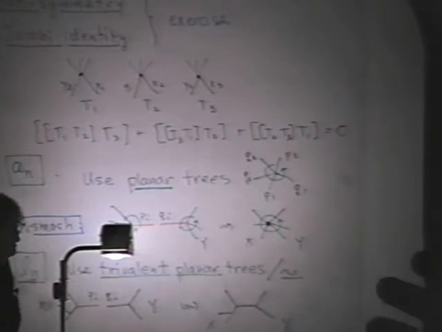But this is a little bit more of a challenge here because there are equivalence relations on planar trees that come from the antisymmetry and Jacobi relations in the Lie algebra. And I've been to a lot of talks today, but somebody already did this. I don't remember who it was.